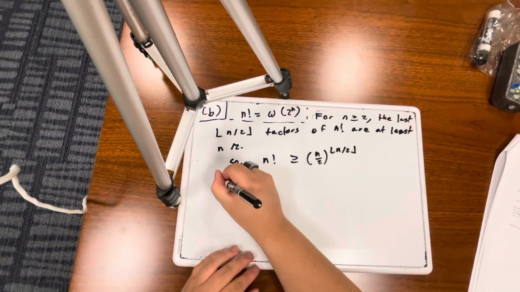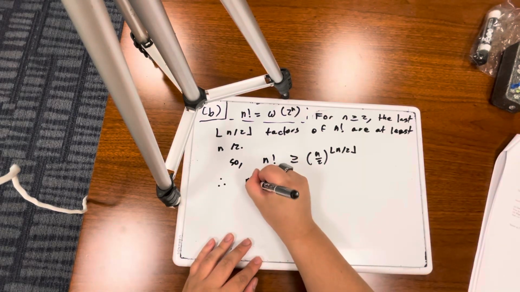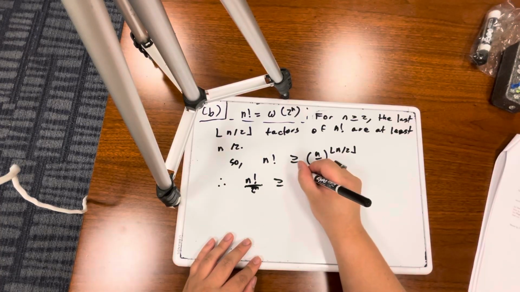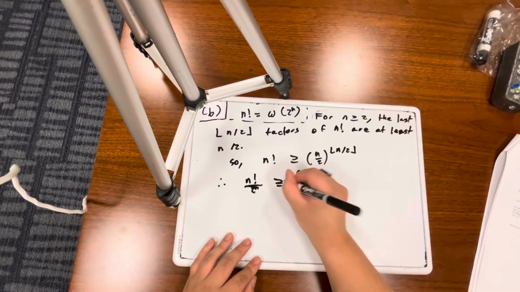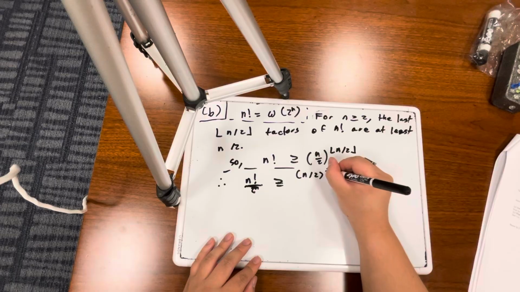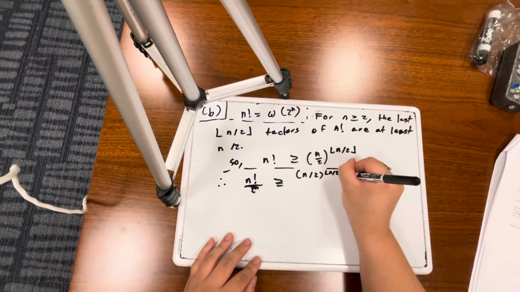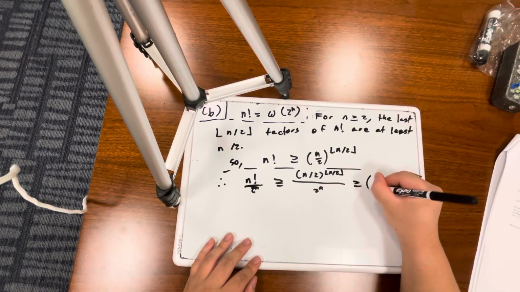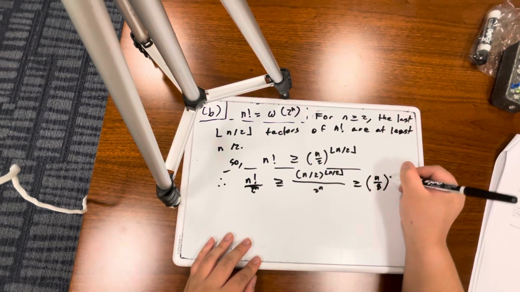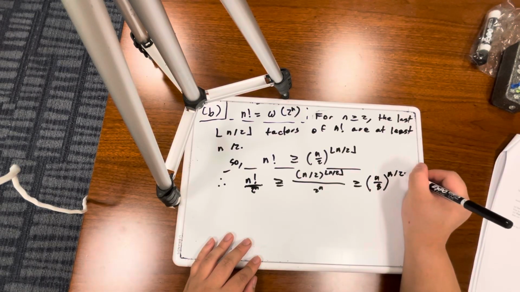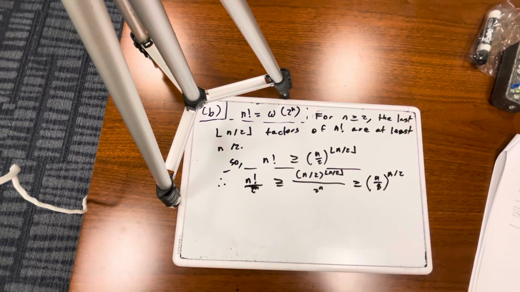So from there we can say, therefore, n factorial over 2 to the n is greater than or equal to open parentheses n divided by 2 close parentheses to the floor function of n divided by 2, all over 2 to the n. And this, of course, is less than or equal to n over 8, open parentheses n over 8 close parentheses, to n over 2, yeah.